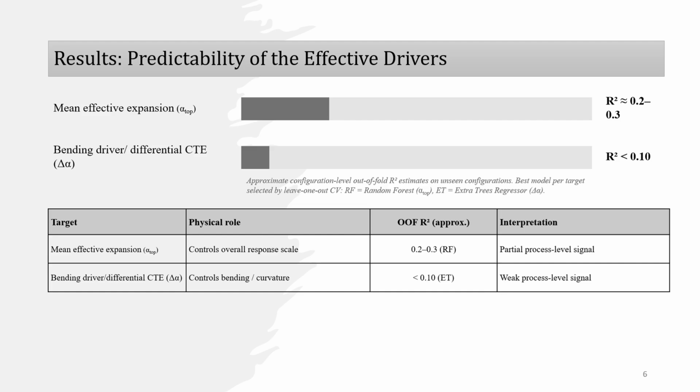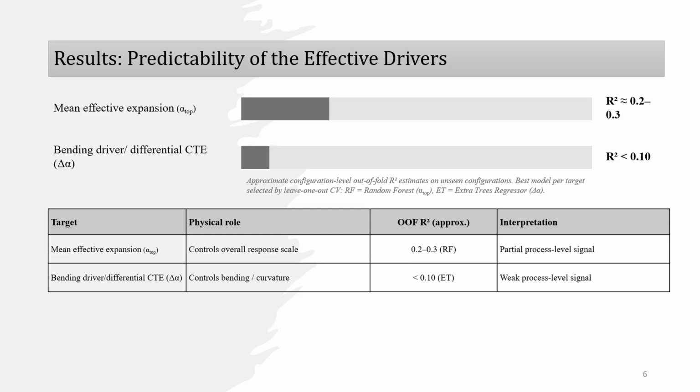This slide shows the main result of the study. The first target is the mean effective expansion, which controls the overall response scale. For this target, the out-of-fold R-squared values are approximately between 0.2 and 0.3. This indicates a partial process level signal.